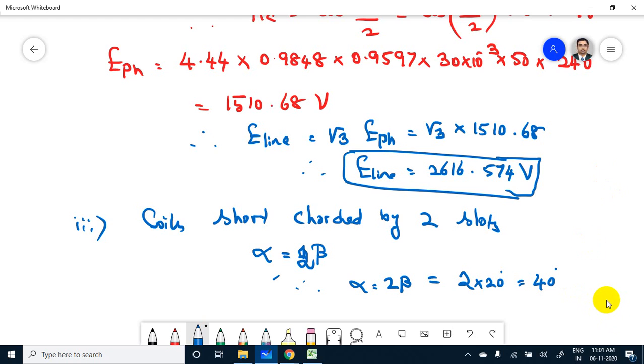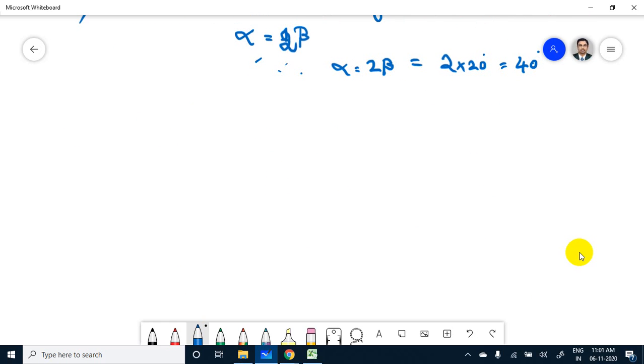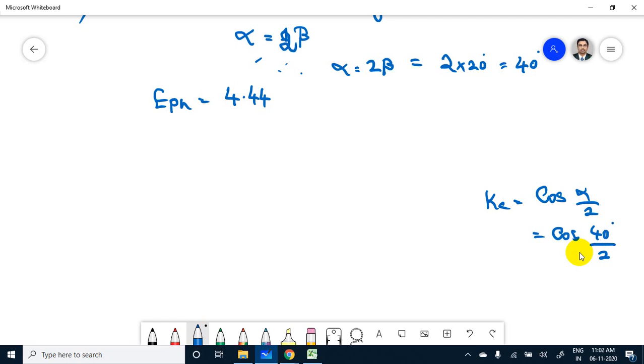Now please substitute all the parameters in your EMF equation. E phase is equal to 4.44 into Kc, same Kc also we have to find out, right? Kc equal to cos alpha by 2. So cos of 40 degree divided by 2, we get 0.9396.